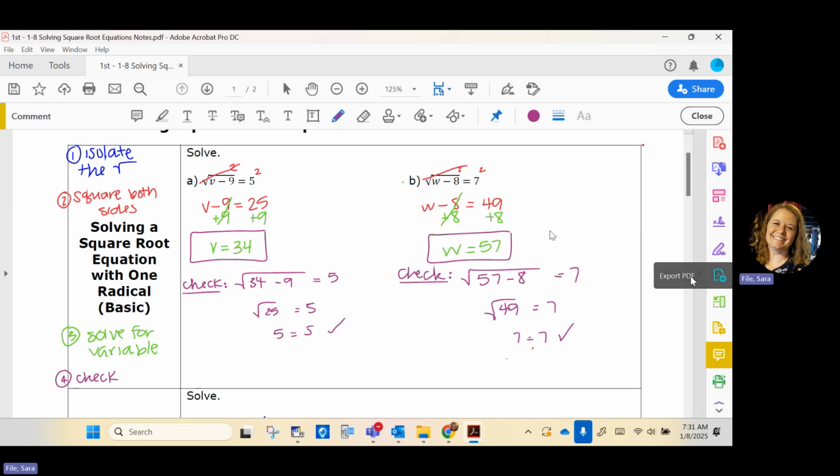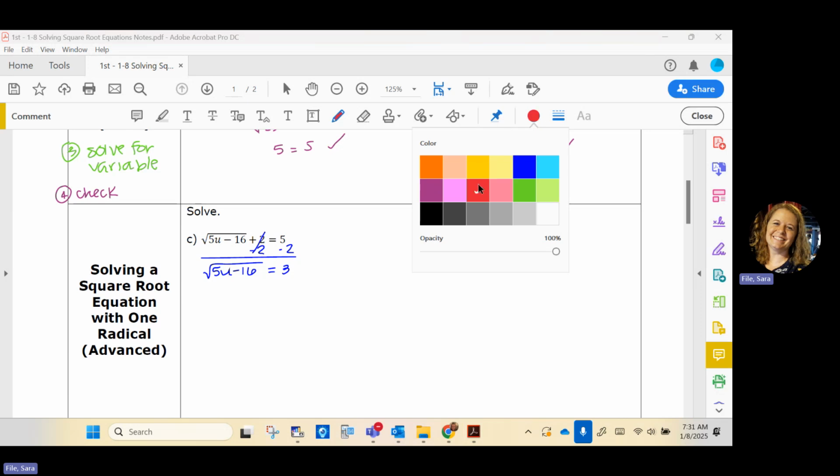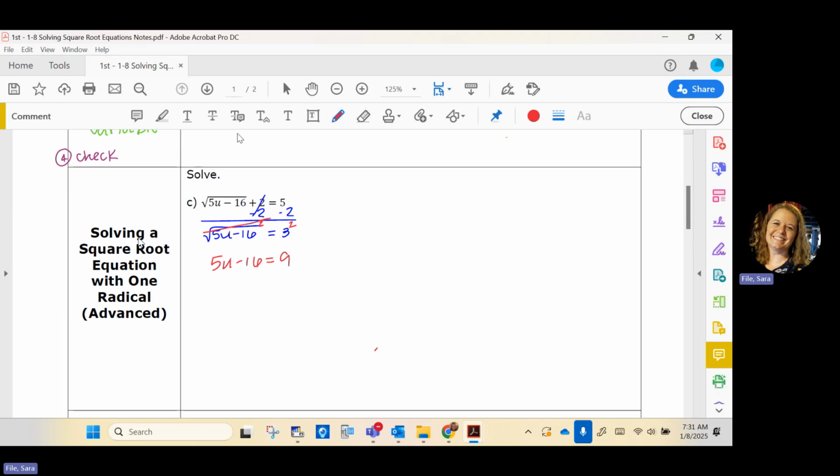Okay. All right, so down here, I already showed you isolating the square root. So now we're ready to square both sides. That leaves us with 5u minus 16 equals 9. And this just says next to it, solving a square root equation with one radical, advanced.